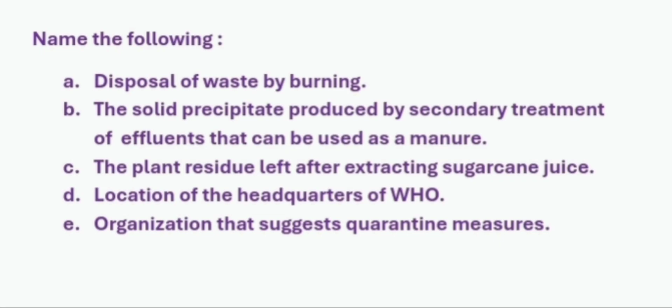So, question number 1 is to name the following, with 5 different subparts in it. Similarly, we will have 7 more sets of questions that appear to be important within the syllabus of class 9.